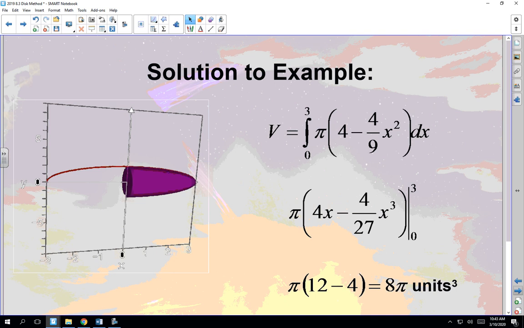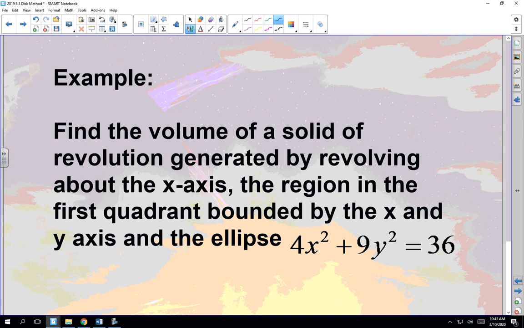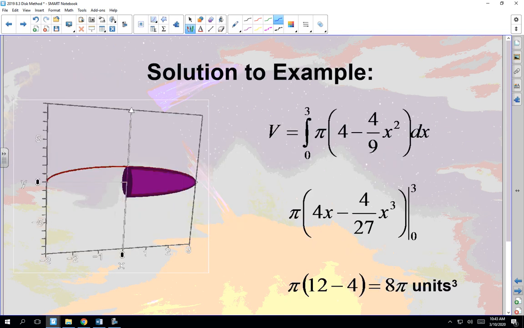This might take a little bit of connecting to the algebra. We had, from the previous page, 4x squared plus 9y squared equals 36. We're solving that for y to get this. So they're just subtracting the 4x squared over and then dividing through by 9 to get that.